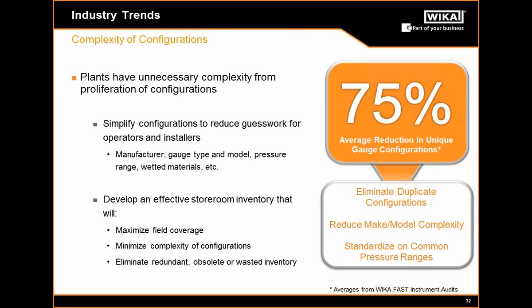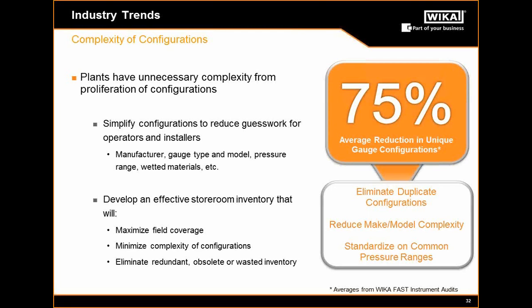Things such as manufacturer, gauge type, model, pressure range, and wetted materials are all components of a gauge's design that should be considered when trying to simplify the gauges in your plant. Once you've simplified what gauges you're using, you want to develop an effective storeroom inventory that's going to maximize coverage of the installations in your plant, but minimize what you're actually keeping on the shelf.